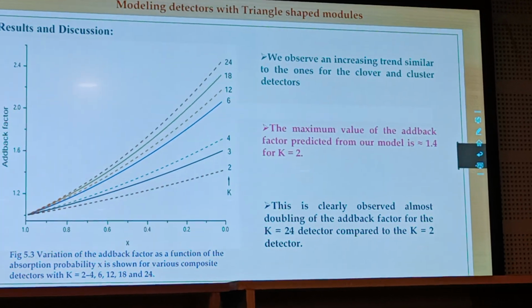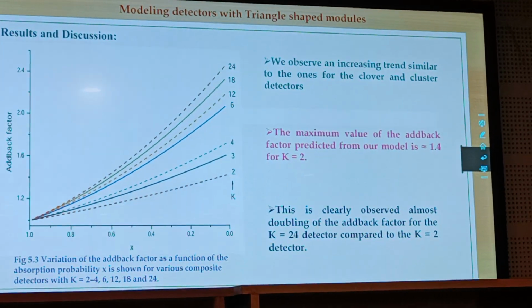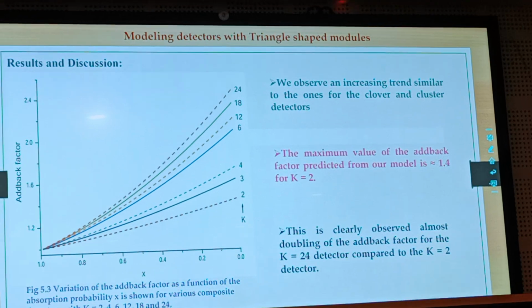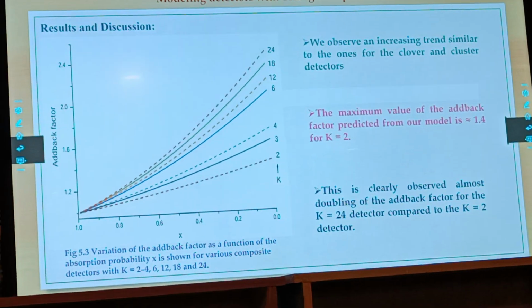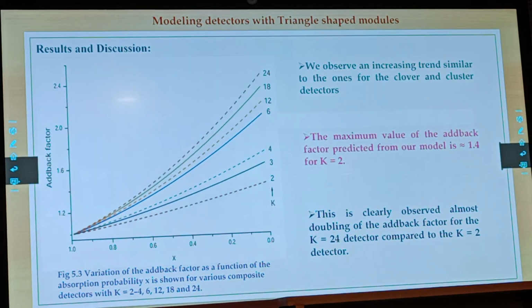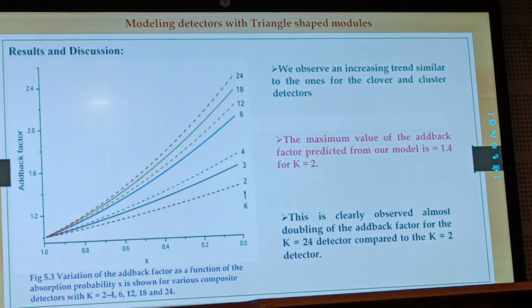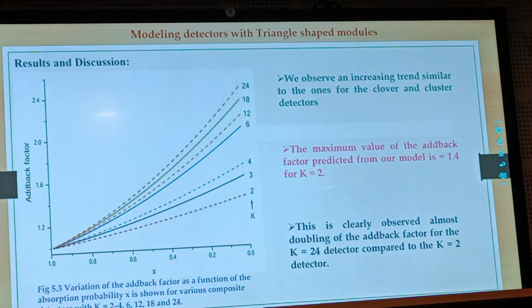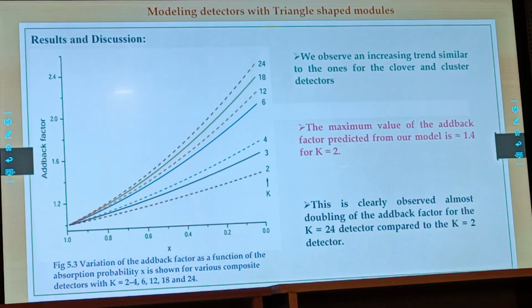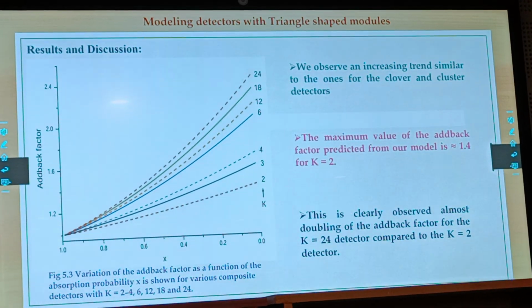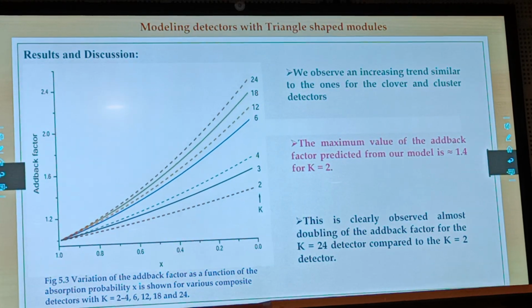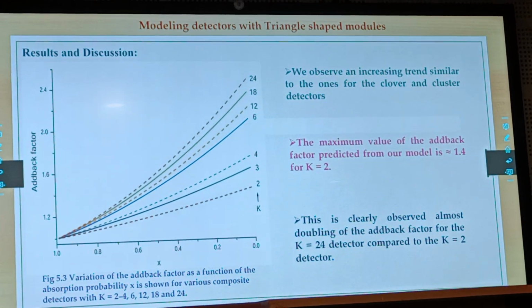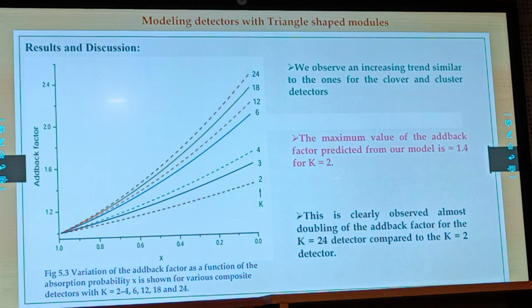With all this, we have shown the add-back factor as a function of the absorption probability x. And we observed an increasing trend similar to the ones for the Clover and cluster detectors, whose results were experimentally verified. The maximum value of the add-back factor predicted from our model is nearly 1.4 for k equal to 2.